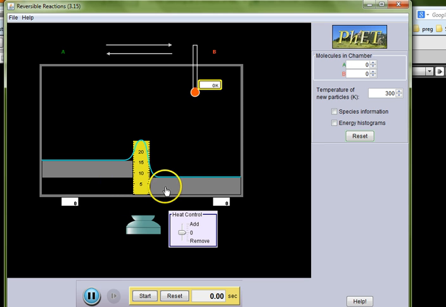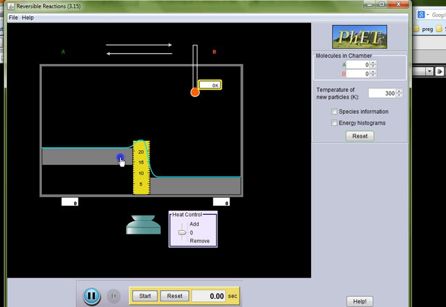All right. So on this one we'll make this 22 right here. The reactants are at 22, and let's say the products are at 15.